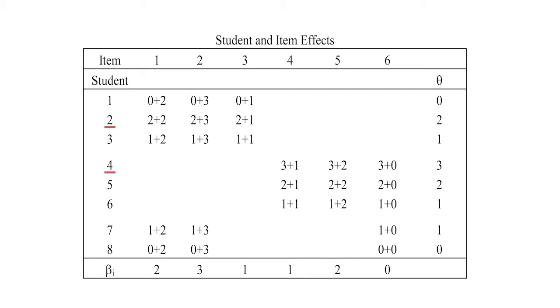Anyway, they have the same observed score, but the proficiency level of the student is higher to get that score. So the first examination is easier, the second examination is more difficult.